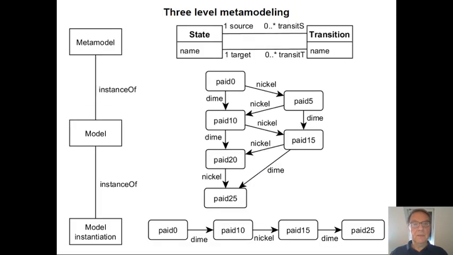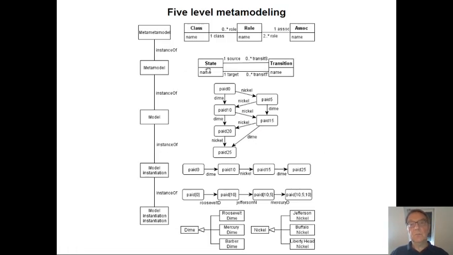One can have typically a 3-level style of metamodeling, but it is also possible to have something like what is shown here, a 5-level metamodeling architecture. So in principle, you can go an arbitrary number of levels into the upper direction and an arbitrary number of levels into the lower direction until you reach atoms, until you reach photons or whatever you want to do in physics over there.